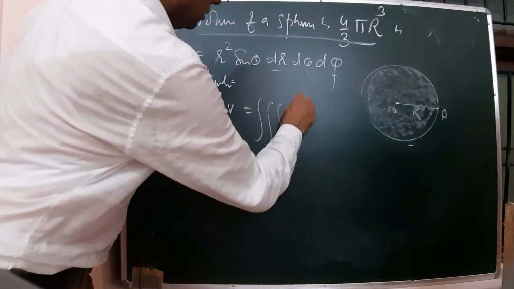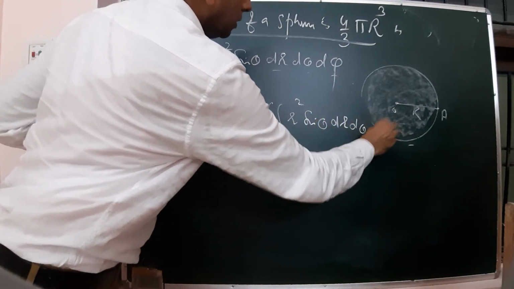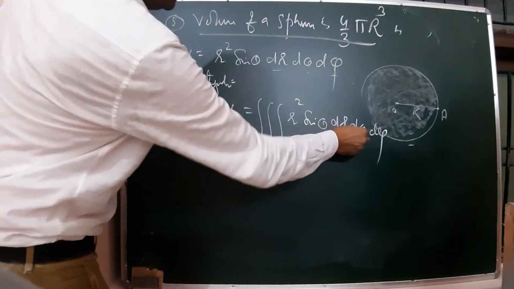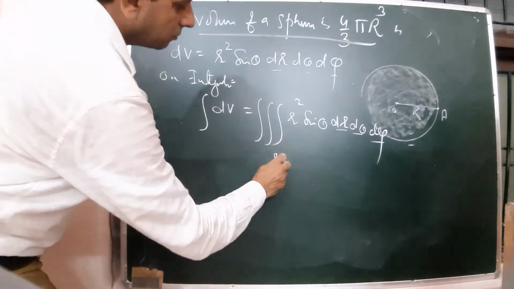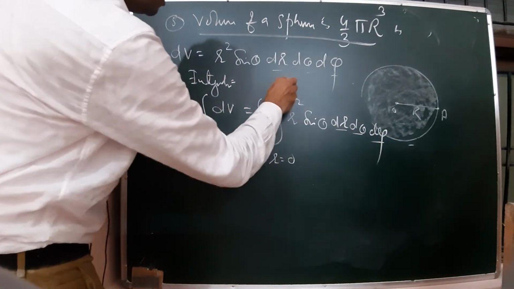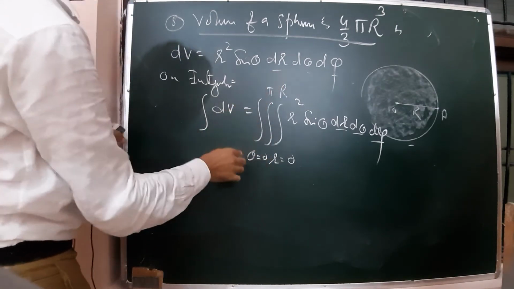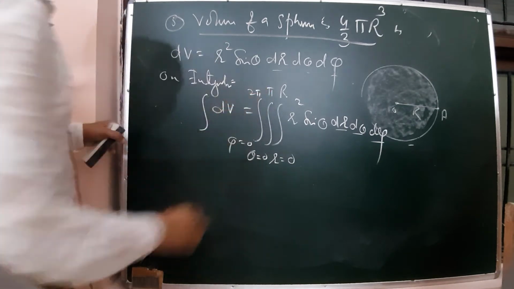So, it is r square sin theta dr d theta and d phi. Again we will use the limits for the sphere. For the first integral, r varies from 0 to capital R, for theta, theta varies from 0 to pi, and for phi, phi varies from 0 to 2 pi.